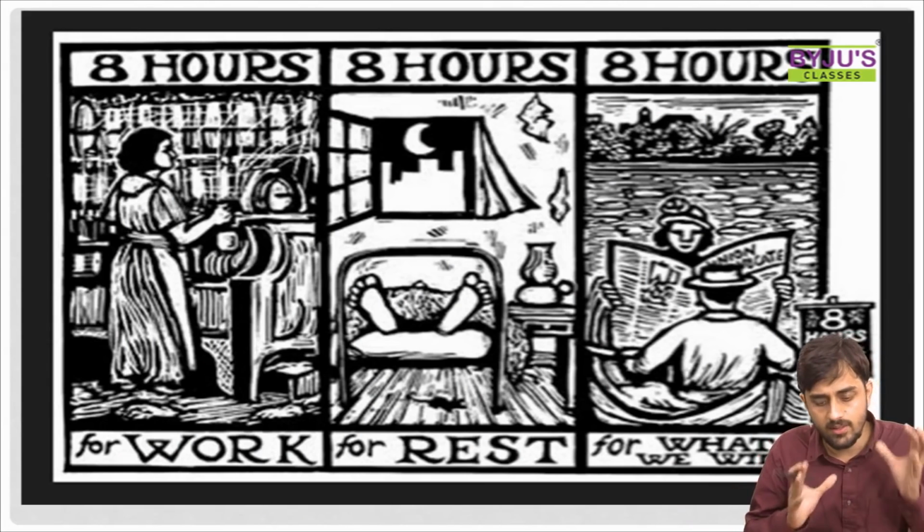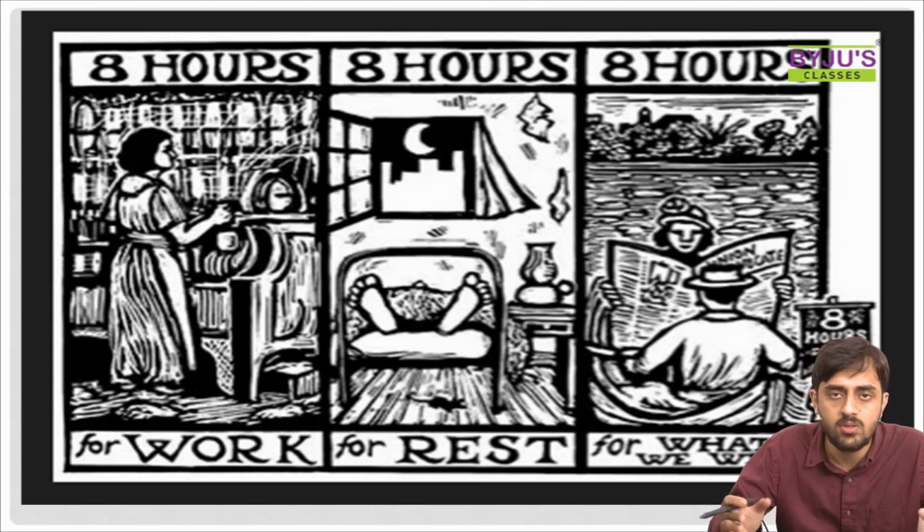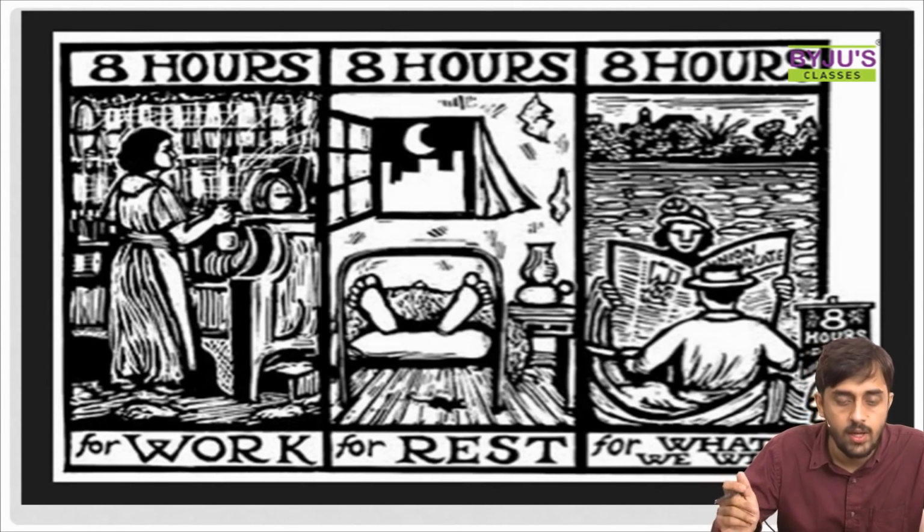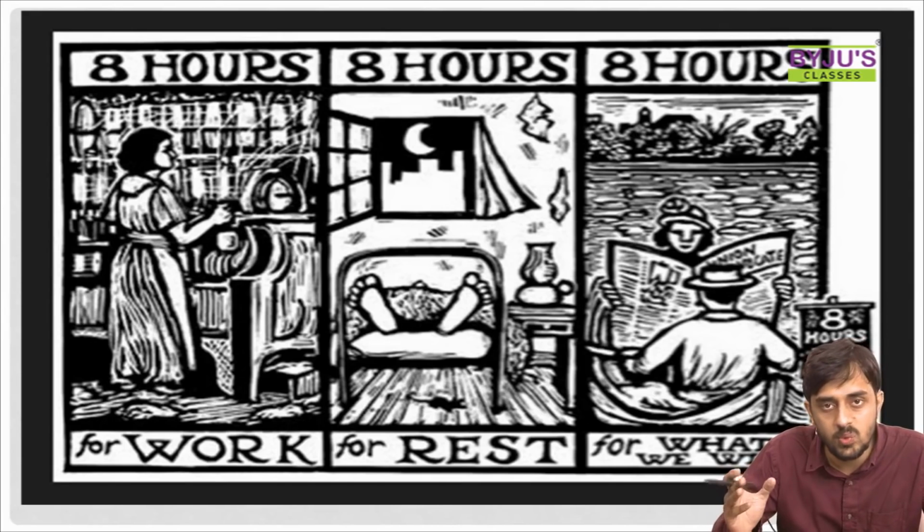So before we do that, this caricature squarely puts the issue of labor reforms on the plate. One of the important focuses of the labor reforms and amending the labor laws itself has to ensure that the whole idea of 8 hours of work, 8 hours of sleep, and 8 hours for following a pursuit that an individual or worker would want to should be the ideal that the amendment of the labor laws should aim to achieve.